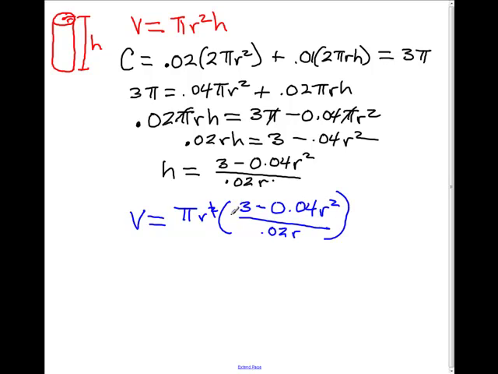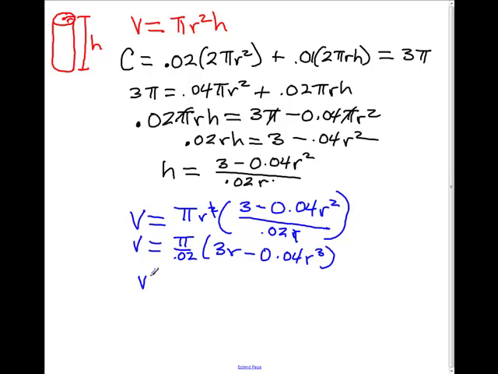Well, if you take a look, that goes away. Okay, and then I distribute, and I get volume equals, and I'm going to bring the 0.02 under the pi just to make my life easier, and that gives me 3r minus 0.04 r cubed.